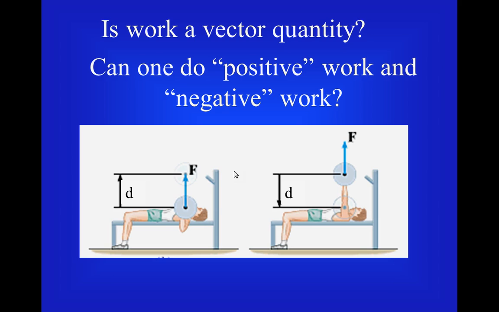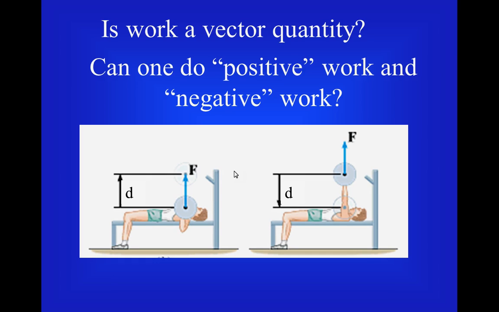Work equals force times distance. You have done positive work. If, on the other hand, you bring the barbell back down, and you don't just drop it, you keep applying the positive force to bring it down at a constant velocity instead of having it accelerate down and crush your chest, well, in that case, you're doing positive force with a negative displacement.